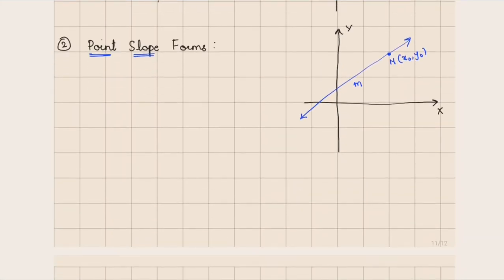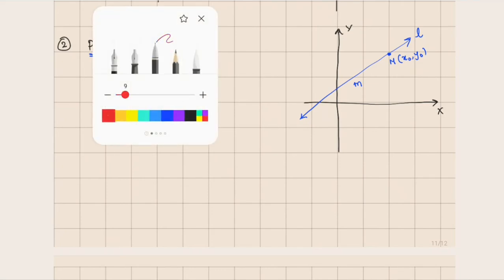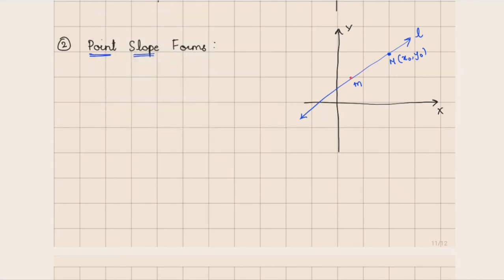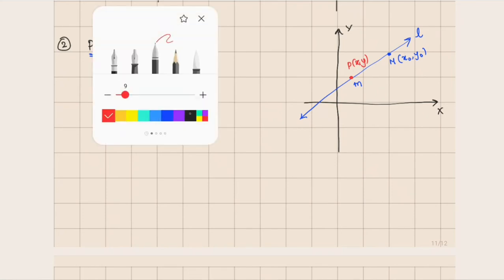So how to write the equation of the line here? Let's take any variable point P, x comma y, on the line. So this x comma y should satisfy the equation of the line.